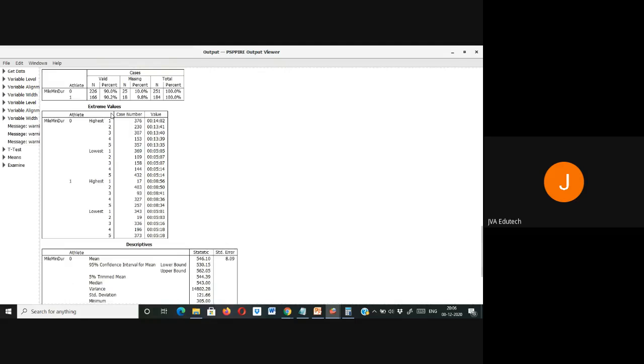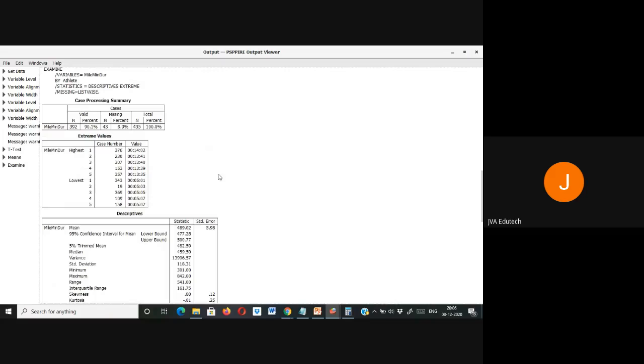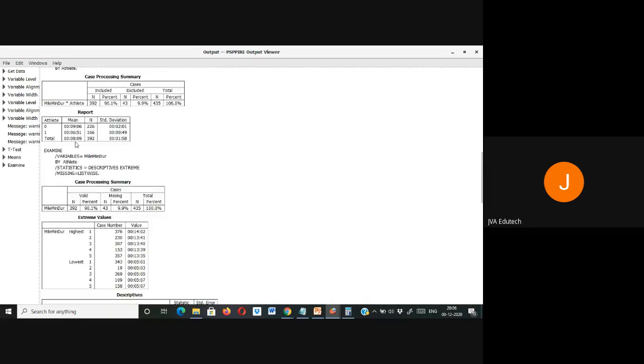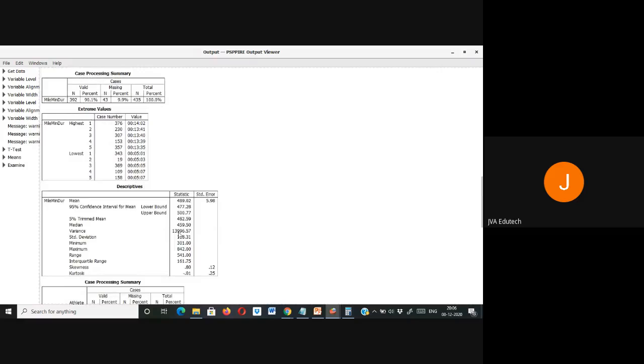Yes, here it is given. Now for the athletes, here we have seen that the time taken by non-athletes was 9 minutes 6 seconds and the time taken by athletes was 6 minutes 51 seconds, with a standard deviation of 2 minutes 1 second for non-athletes and 49 seconds for athletes. The same thing will be resembled in the variance also, like the standard deviation.